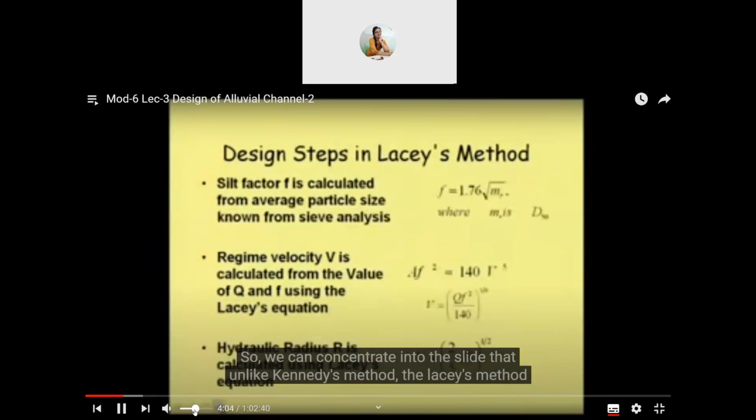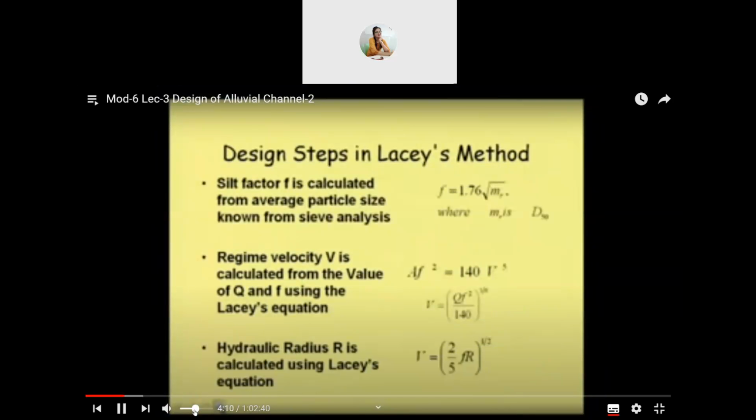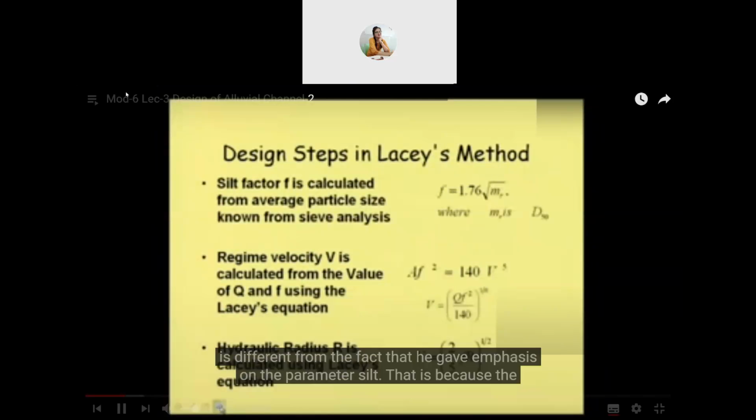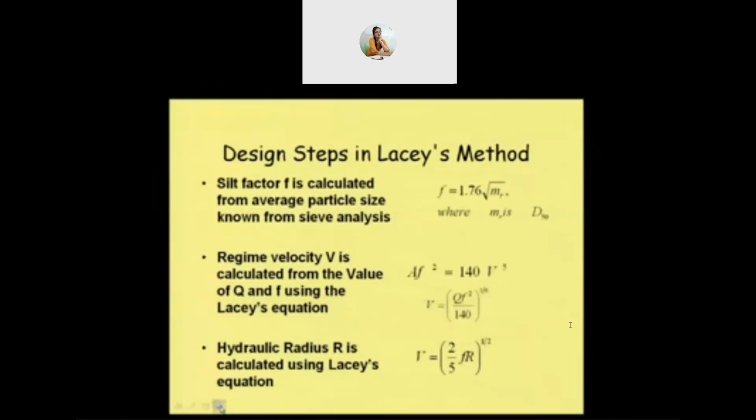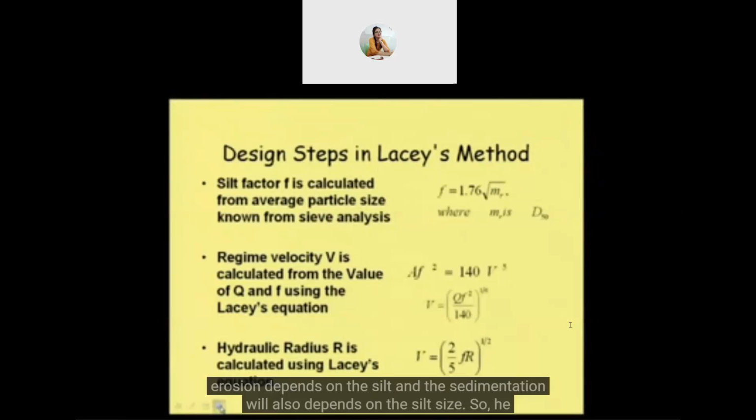We can concentrate on the slide. Unlike Kennedy's method, Lacey's method is different in that he gave emphasis to the parameter silt. That is because the erosion depends on the silt, and the sedimentation will also depend on the silt size.